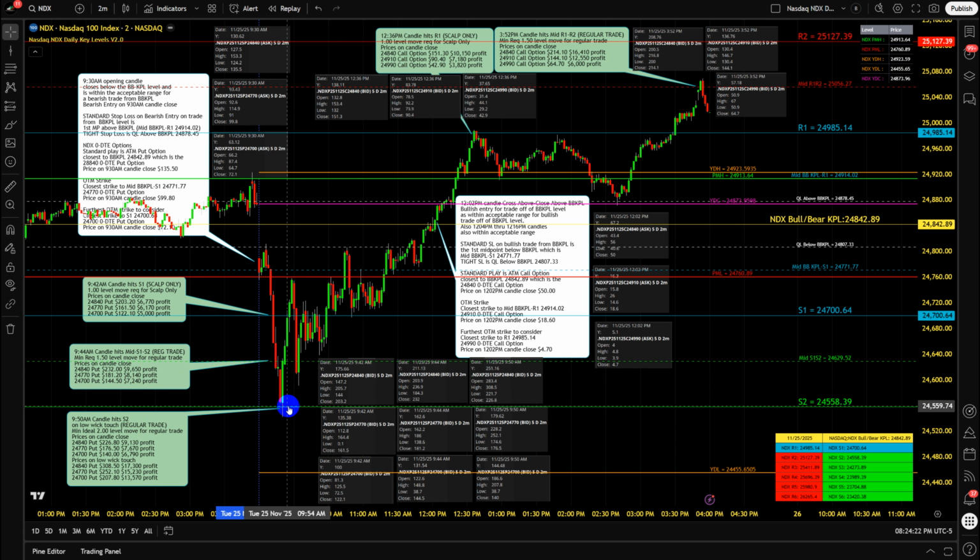And if you did take the bullish trade, then your tight stop loss would be the QL below S2 and then the first midpoint below S2, which we don't have turned on, would have been your standard stop loss.